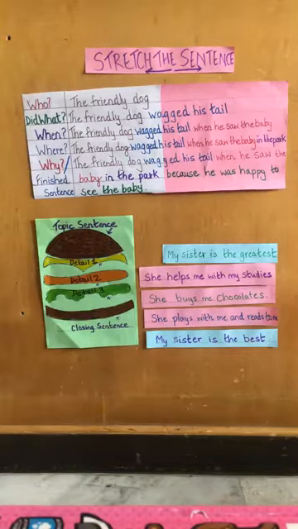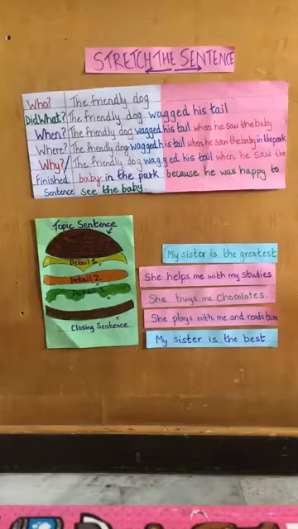Now suppose I give the child these three words, the friendly dog. Now this is just a part of the sentence. Next the child has to use his imagination, but you can tell him, what do you think the friendly dog did?